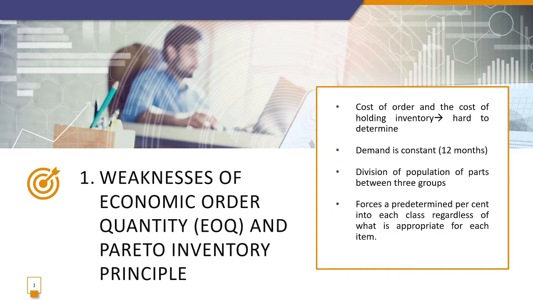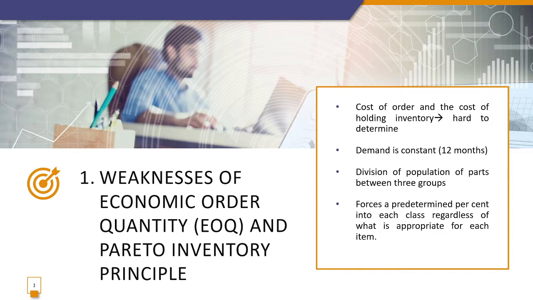Pareto also assumes that the demand is constant, and the division of the whole population of parts between three groups makes it complicated, as this is not sufficient for many businesses. It additionally forces a predetermined percent into each class regardless of what is appropriate for each item.